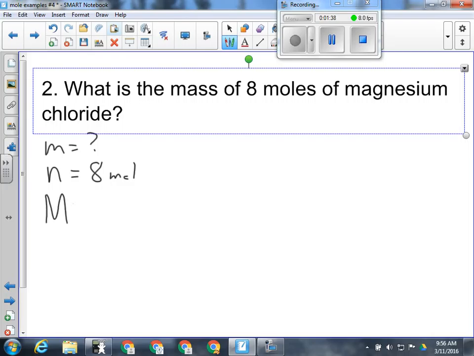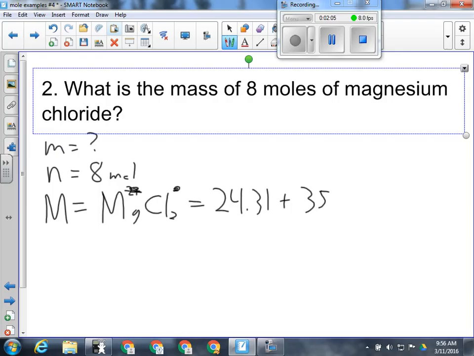What do I need to remember about magnesium chloride? What kind of compound is it? Ionic. So I have Mg 2 plus, chlorine minus 1, so that's going to be MgCl2. If I forget to swap and drop, I am not going to get this next part right. Magnesium is 24.31, there's only 1 of it, and I add that to 35.45 times 2.